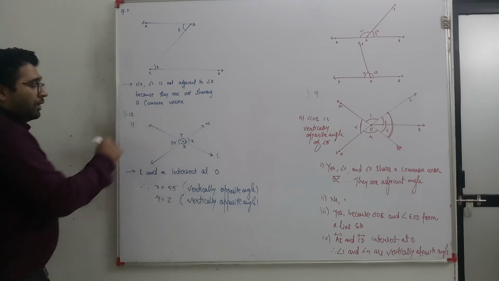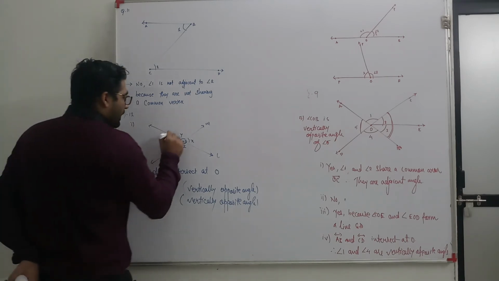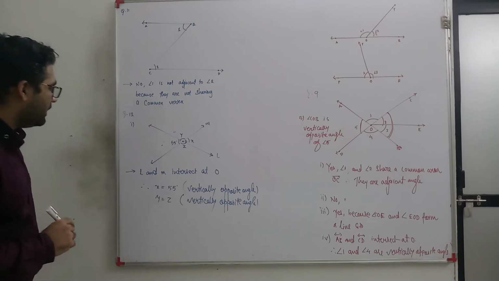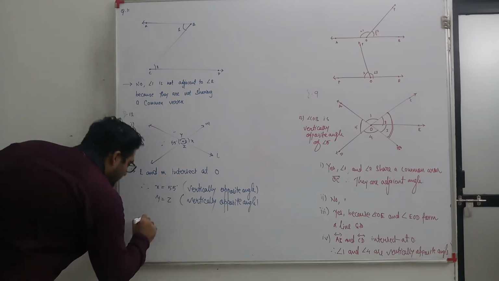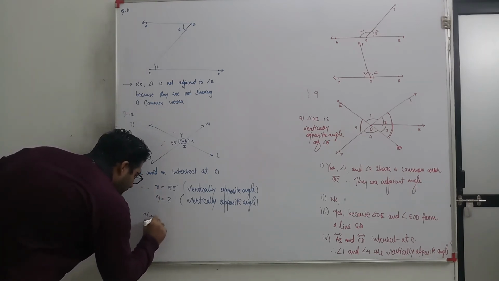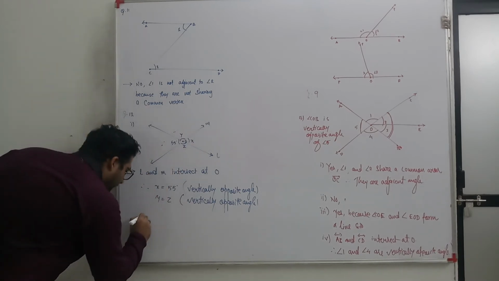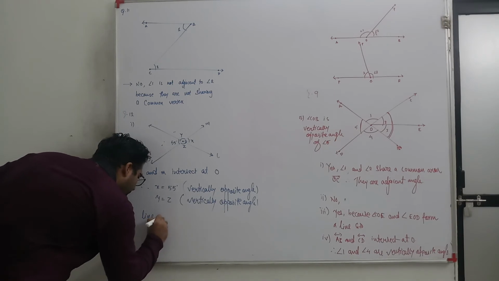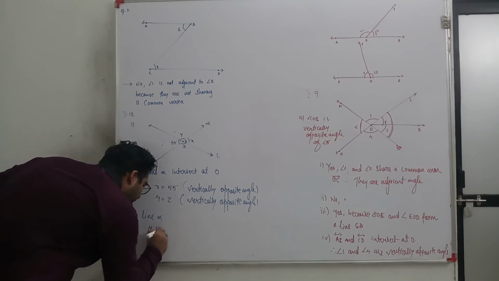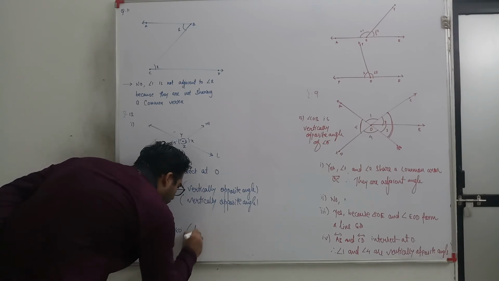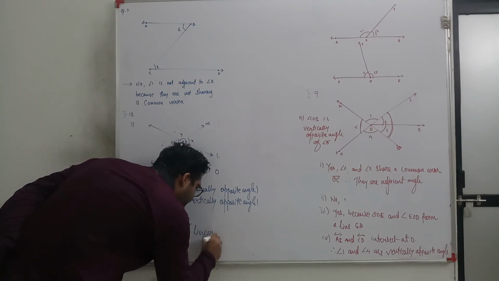Now, when I see these two angles, they form a linear pair. So here I am writing like this: for a line, here I am taking the line M, y plus 55 is equal to 180 degree. Why? Because of linear pair.